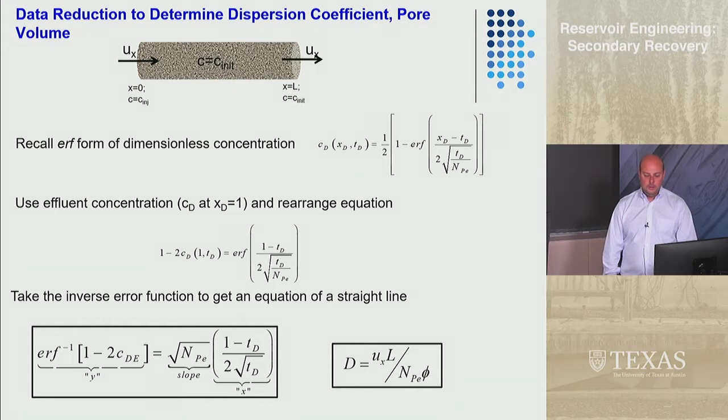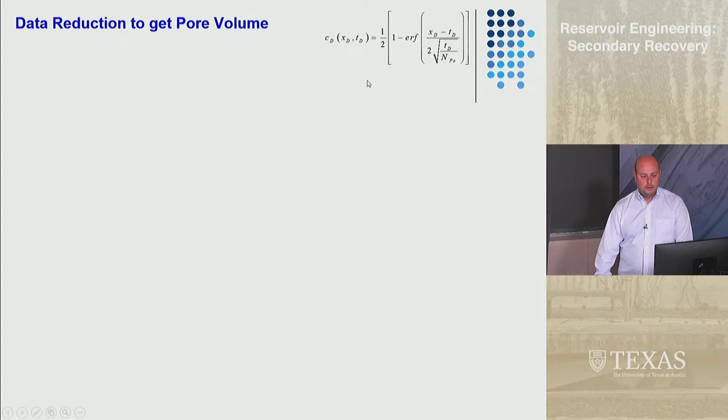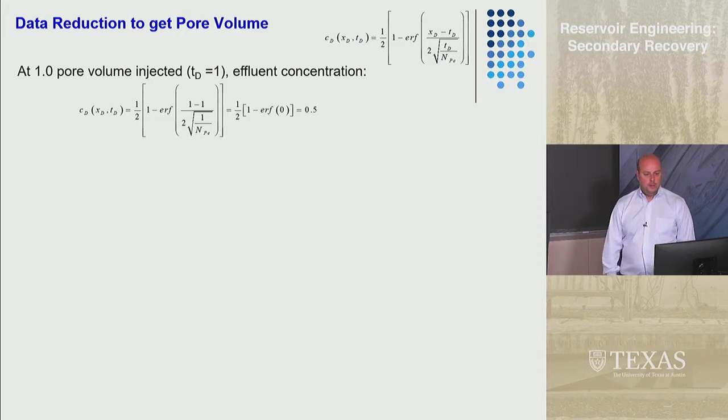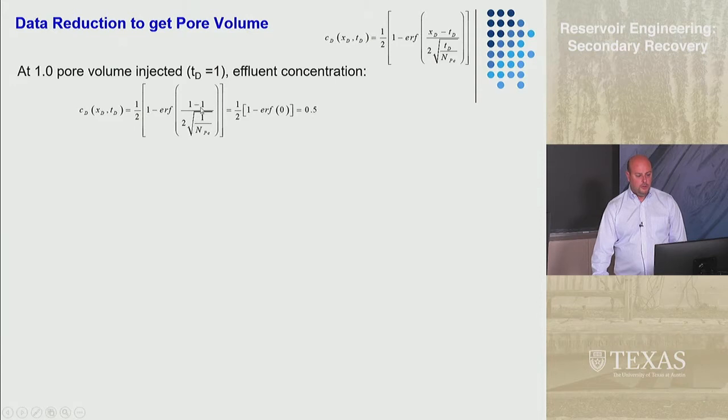I'm going to mention another way you can estimate porosity, and that is from the data again. So remember, we've got this equation up here. One thing that we can do is say t_D is 1, so 1 pore volume injected, and we're looking at the exit, x_D equal to 1. Then you get the error function of (1 minus 1) divided by this denominator. 1 minus 1 is 0, so it's 1/2 times (1 minus the error function of 0).